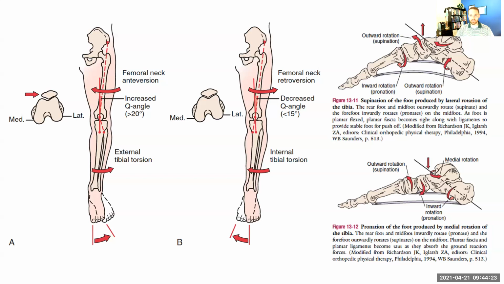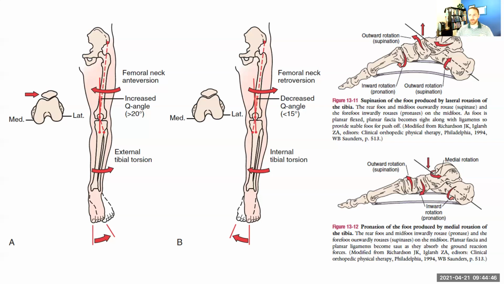So while external and internal tibial torsion are mechanical properties, lateral rotation or medial rotation, otherwise known as external rotation or internal rotation, are components of the tibia actually turning around the axial axis of rotation.